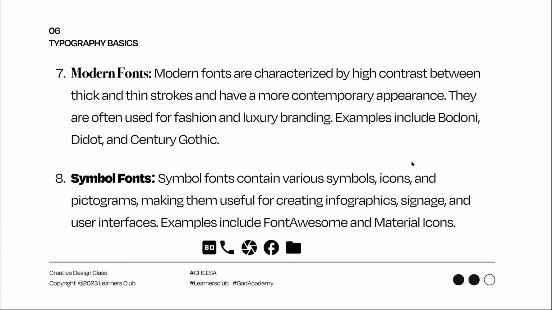And there's another type of font that we see often. It's called symbol font. They are fonts that are made of symbols, icons, and pictograms. So, for example, the icons that we see under point number 8 were written in the font or typeface called Material Icons.